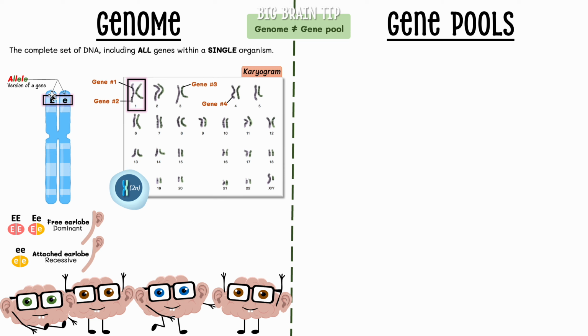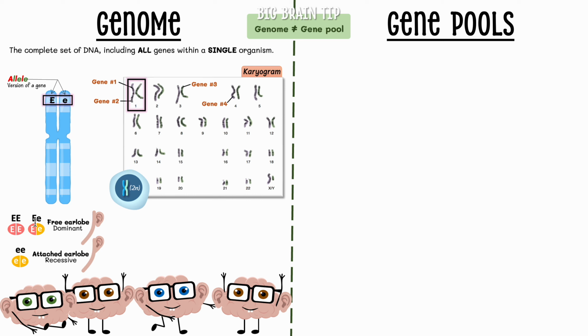That depends. Now, a dominant allele, in the case of the capital E, that one is dominant. That means if you receive just one of them from one of your parents, you will have that phenotype. So in the case here, if you inherit a big E and a big E from both your parents, you will have a free earlobe because you have the dominant allele which codes for free earlobe.